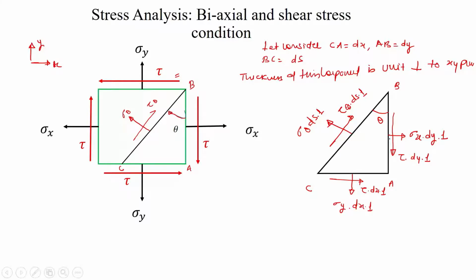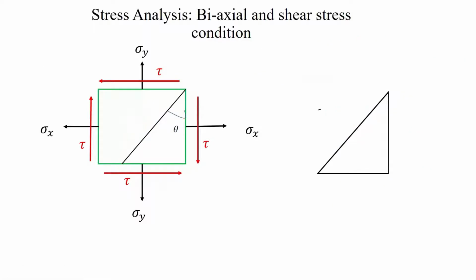So now we want to resolve all the forces in the direction of sigma theta and tau theta. So we can apply the force equilibrium approach in these two directions. First of all we have to resolve the forces on AB plane in the direction of sigma theta and tau theta. So if we resolve these forces, this was our sigma x into dy force.